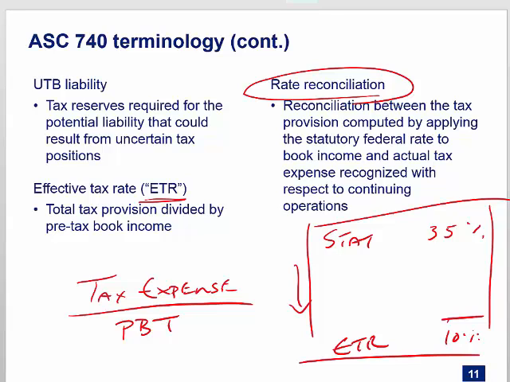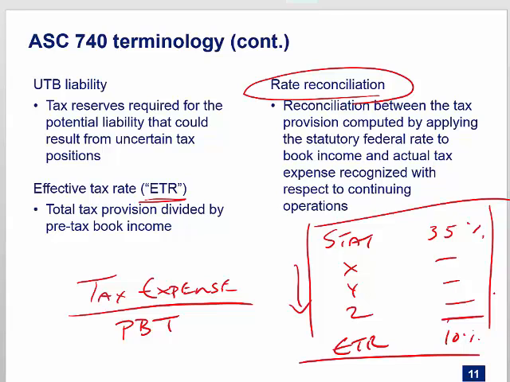The rate reconciliation will take the statutory rate of 35, and it will tell you for reasons X, Y, and Z, why the 35 is reduced down to the 10. And that reconciliation should be very informative in helping you understand what's unique to the company to determine its effective tax rate. So both the effective tax rate and you understanding where to find and how to understand the rate reconciliation are going to be very important.